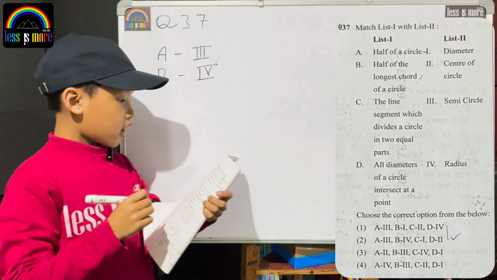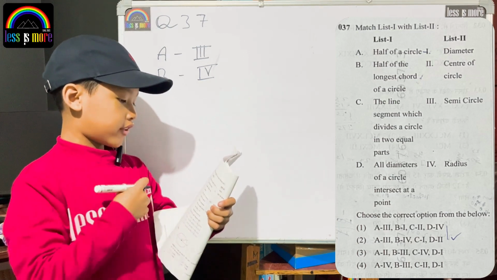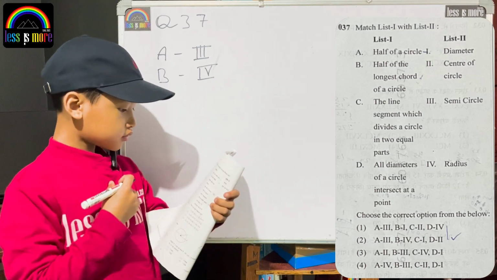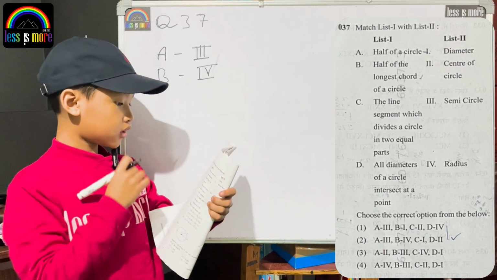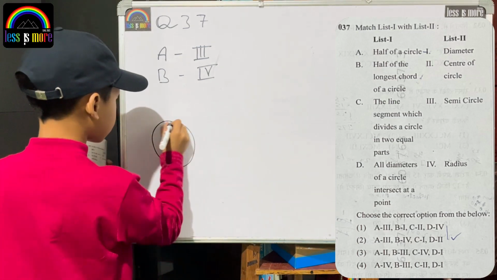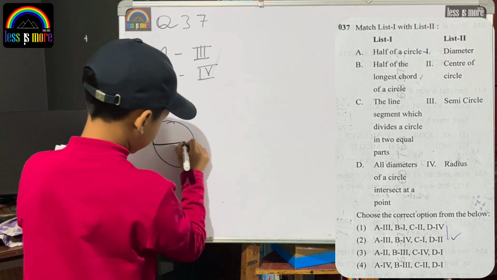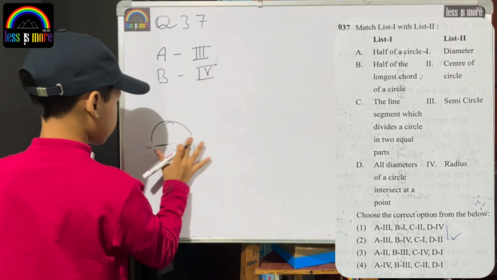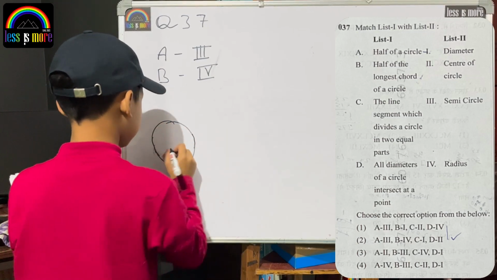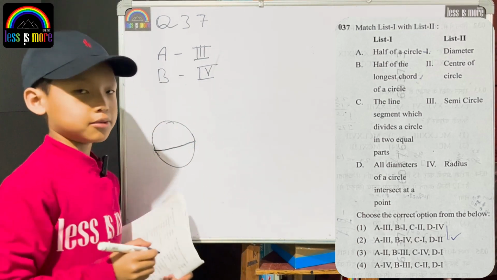On C of list 1, it says the line segment which divides a circle in two equal parts. Which means in a circle, a line segment that is in the middle of the circle, which divides the circle into equal halves.